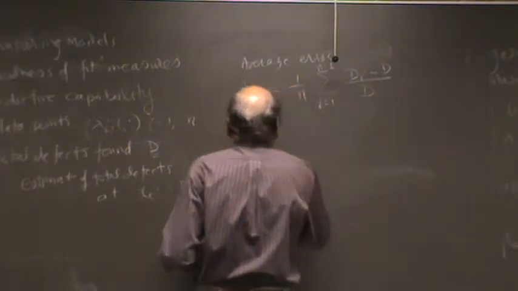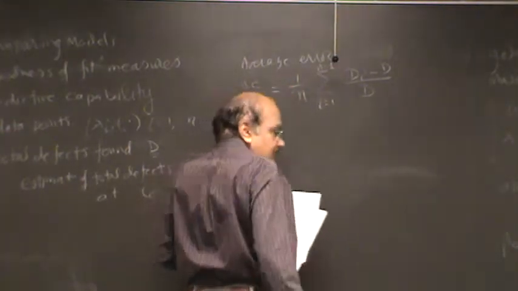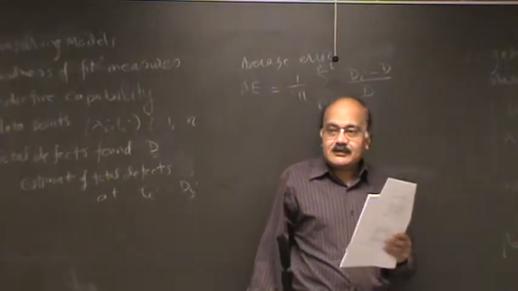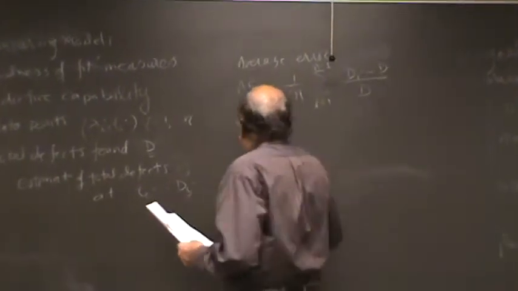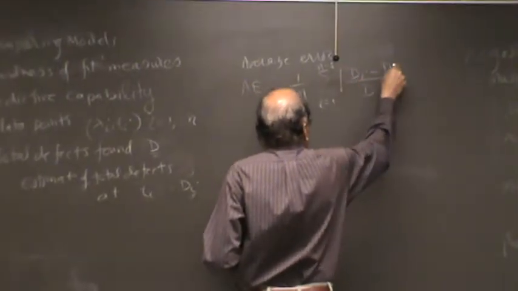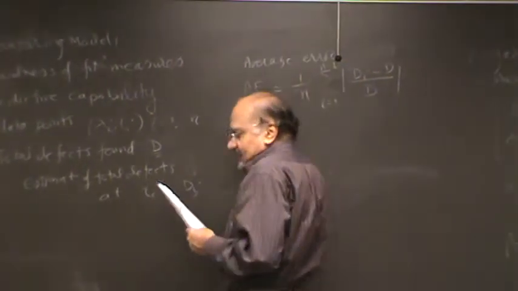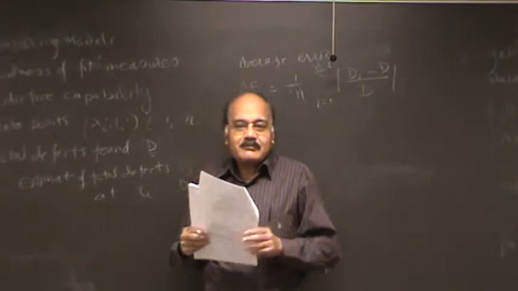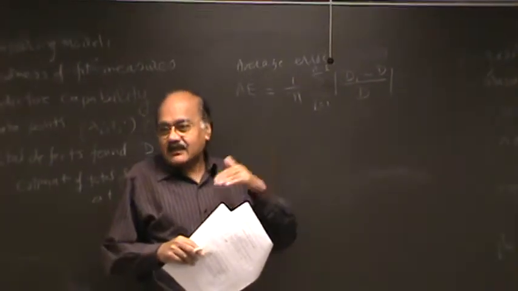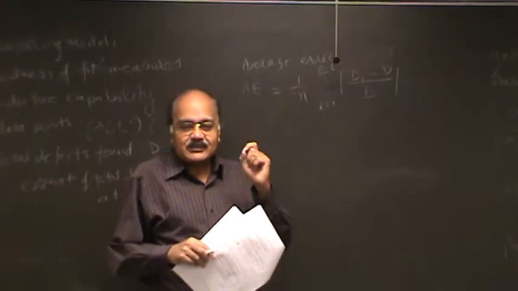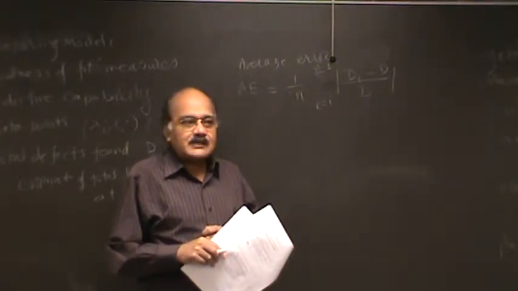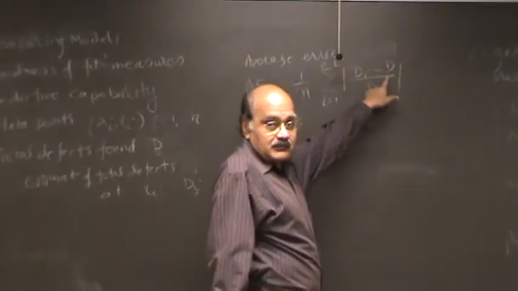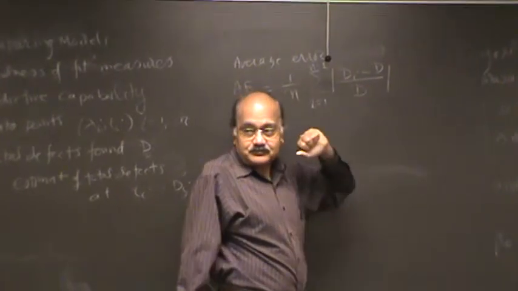Now here, let us assume that we are not interested in the sign of the error. We are only interested in knowing how far the result is from the real number. So you take the absolute value.